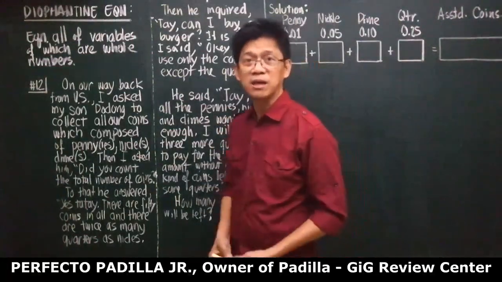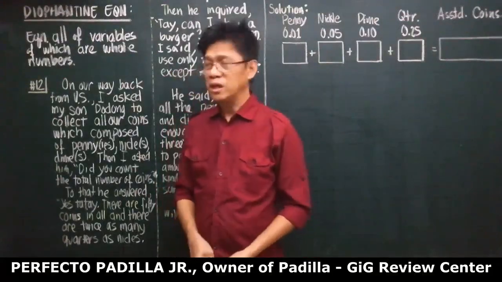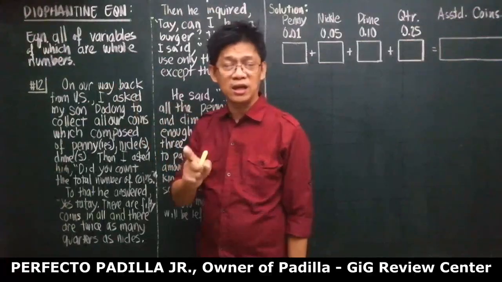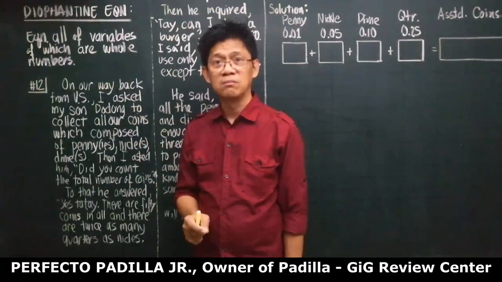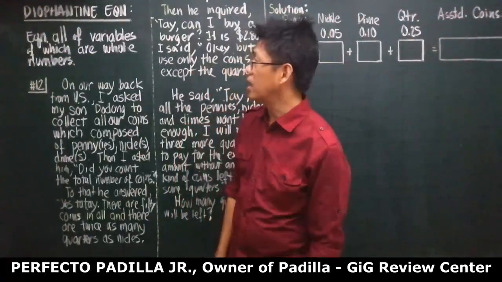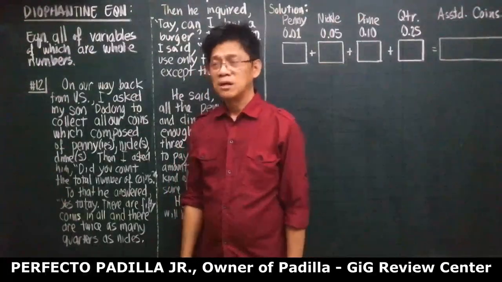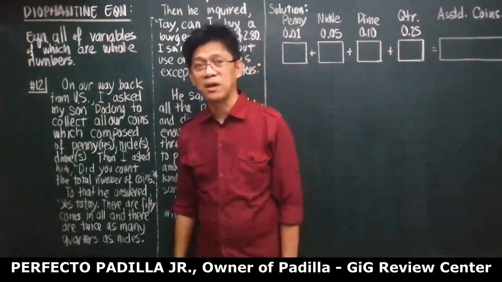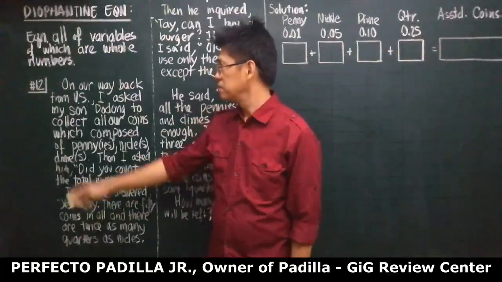However, there is an exception to that rule. If we are dealing with Diophantine equations, even if you lack equations, it can be solved. How? By systematic trial and error. Now, equations are said to be Diophantine, named after the Greek mathematician whose name is Diophantus.